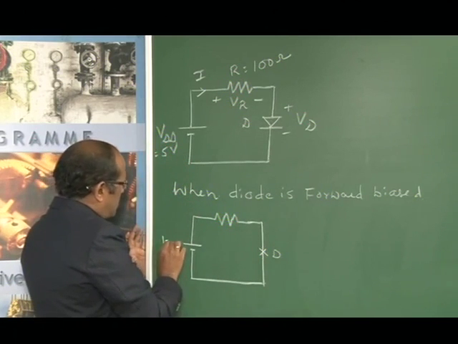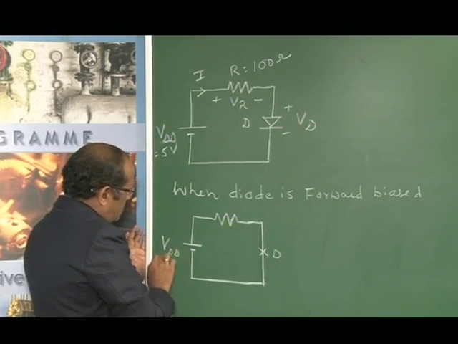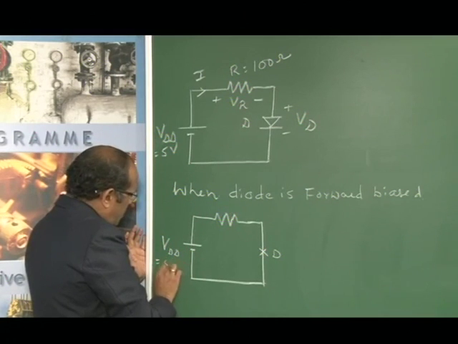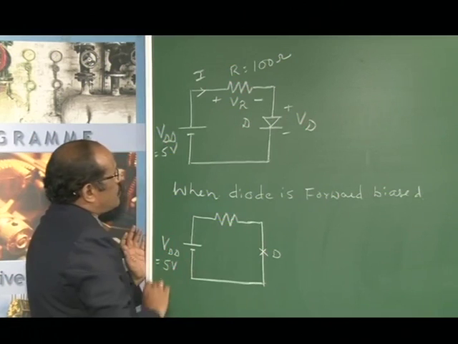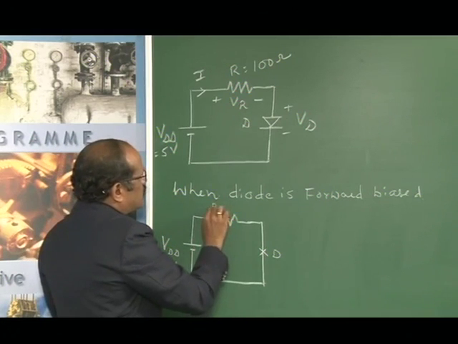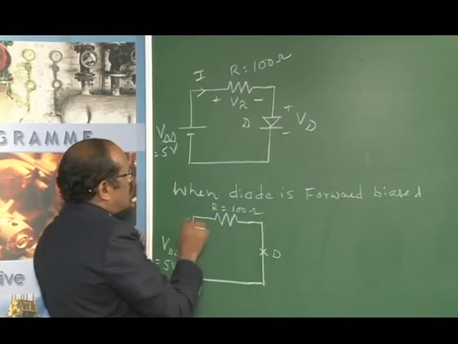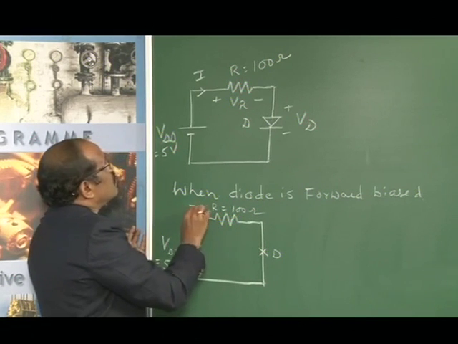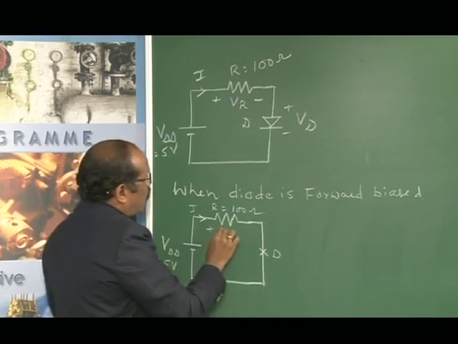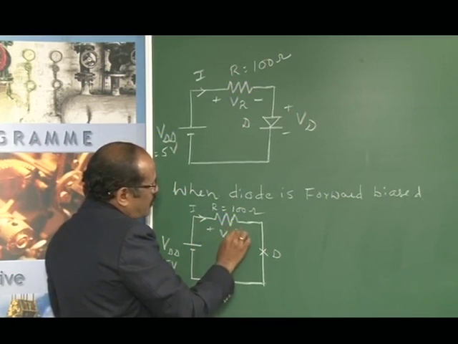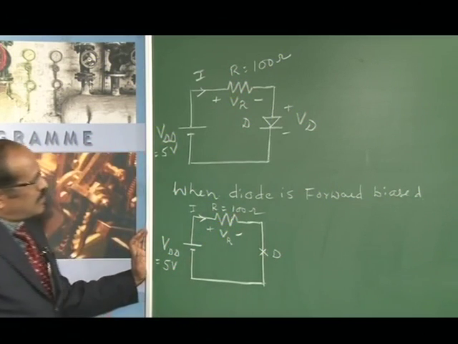This is nothing but VDD, whose given value is 5 volts, whereas this is a series resistance whose value is 100 ohm, and this is the current flowing through it, and the voltage drop across the resistance is represented as VR.